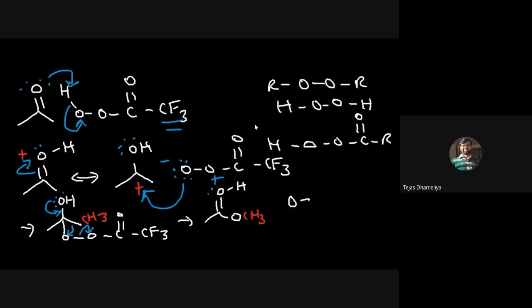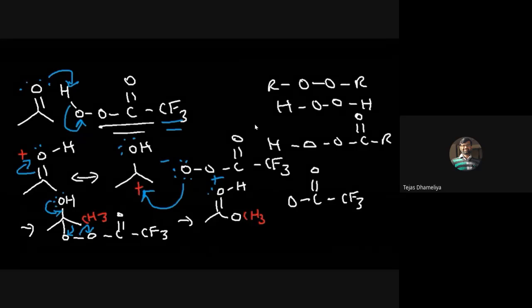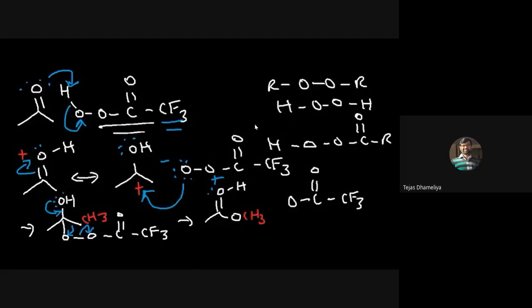And there will be formation of trifluoroacetate anion. This trifluoroacetate anion will later snatch the proton from this protonated carbonyl ester and make trifluoroacetic acid. So trifluoroperoxyacetic acid at the end of the reaction is trifluoroacetic acid.